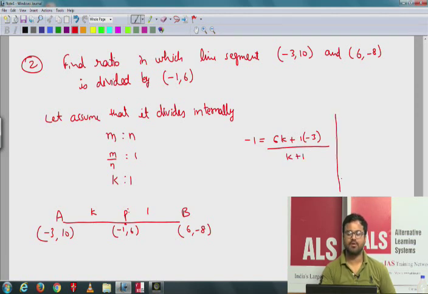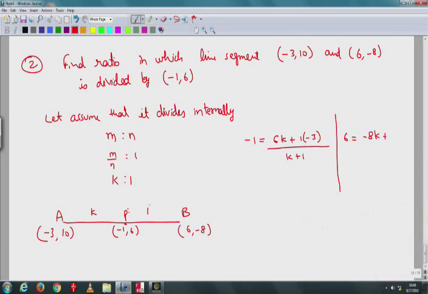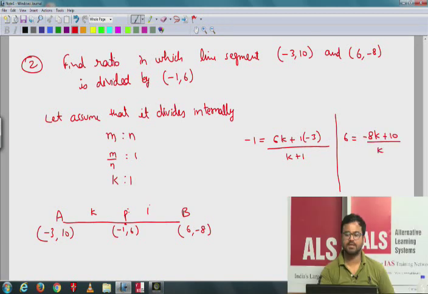And the y coordinate we can also equate. The y coordinate of point P is 6, that would be equal to left ratio multiplied by the right side y value, so k multiplied by minus 8, which is minus 8k, and 1 multiplied by 10, which is 10, over k plus 1. Either you can solve for the first one or the second one, both will give you the same value for k.